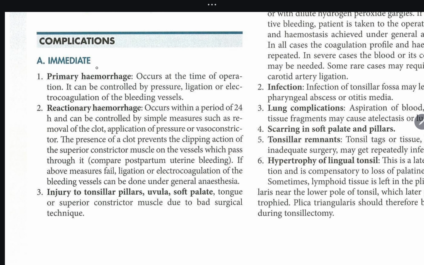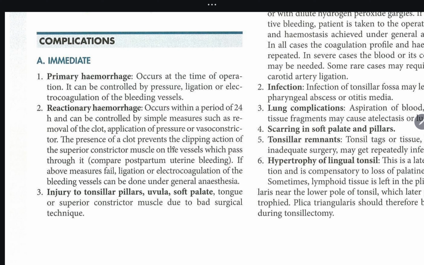Complications. A. Immediate complications. 1. Primary hemorrhage occurs at the time of operation. It can be controlled by pressure, ligation, or electrocoagulation of the bleeding vessels. 2. Reactionary hemorrhage occurs within a period of 24 hours and can be controlled by simple measures such as removal of the clot, application of pressure, or vasoconstrictor.